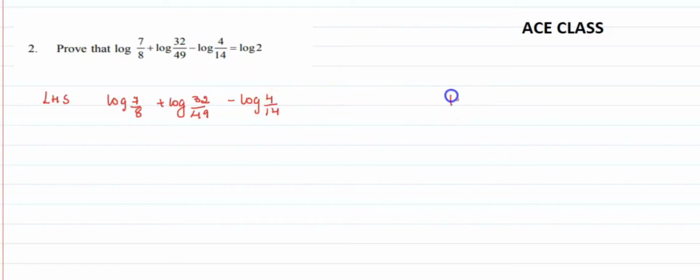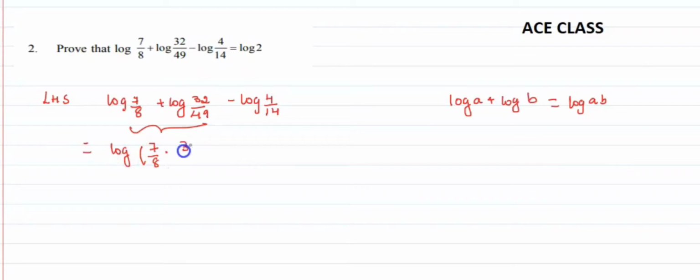As we have already discussed, log A plus log B can be written as log A into B. That is, the sum of the logarithms will be equal to the product. Now here, I will write it as log of 7 by 8 multiplied by 32 by 49, minus log of 4 by 14.